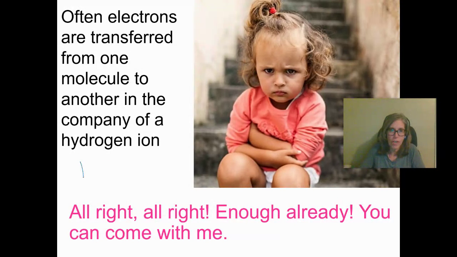If you look at a hydrogen atom, you might not know the periodic table super well, but hopefully you remember that hydrogen is that first one up there. It's got the number 1 next to it, right? It's got 1 proton, that's it. And it's got 1 electron, right? And so the hydrogen atom has 1 proton and 1 electron.